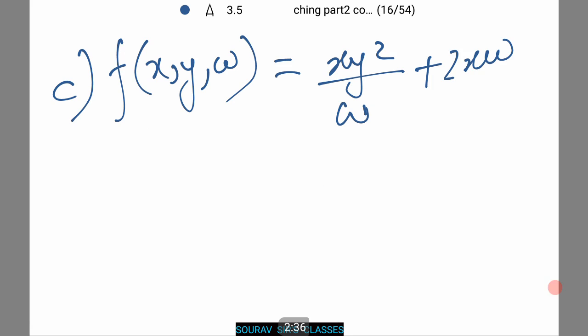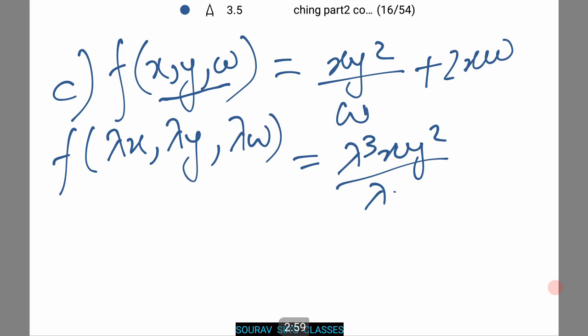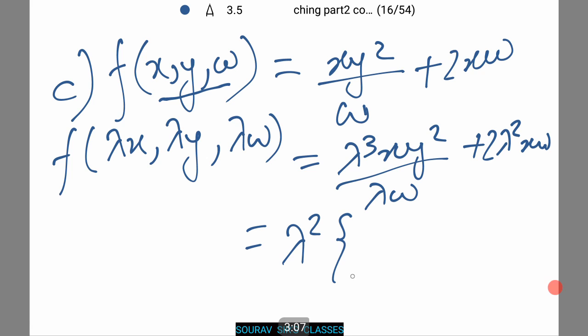Now we have an equation where there are three variables, notably x, y and w. The equation might look scary, but it is actually very easy. In this case we'll substitute f(lambda x, lambda y, lambda w), which equals lambda cube x y square by lambda w plus 2 lambda square x w. This comes to lambda square times x y square by w plus 2xw.